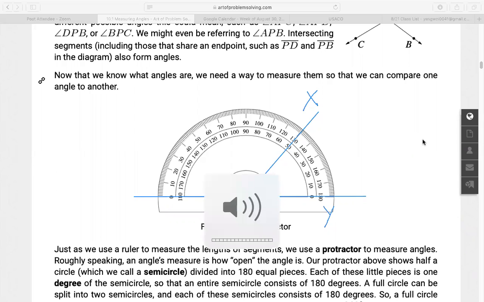Oh, okay, that's correct. Very good. Because see, we have one edge overlapping with one side OY of this angle, and the other side OX overlaps with this number 50. So that means XOY equals 50 degrees.